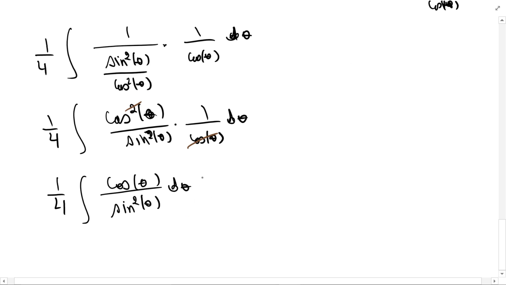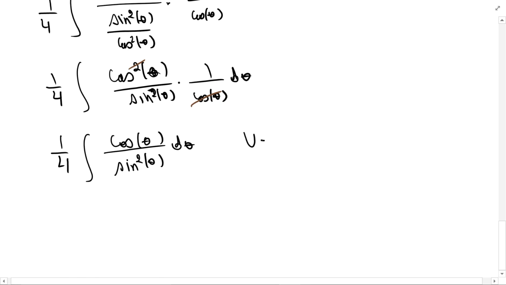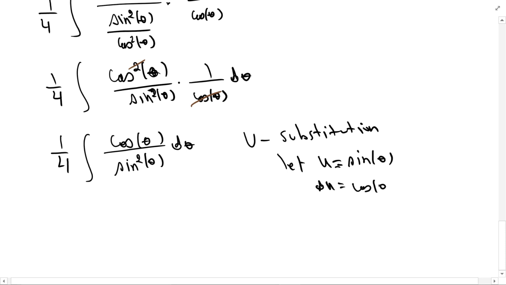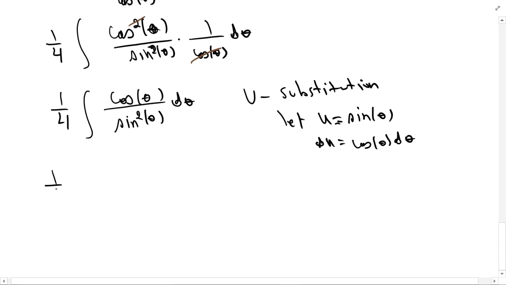Now when you look at this integral, we go back to calculus 1. We know we can solve this by using u substitution. If we let u be sine theta, then du is going to be cosine theta d theta. So then we get 1 over 4 times 1 over u squared, and cosine theta d theta is what we call du.